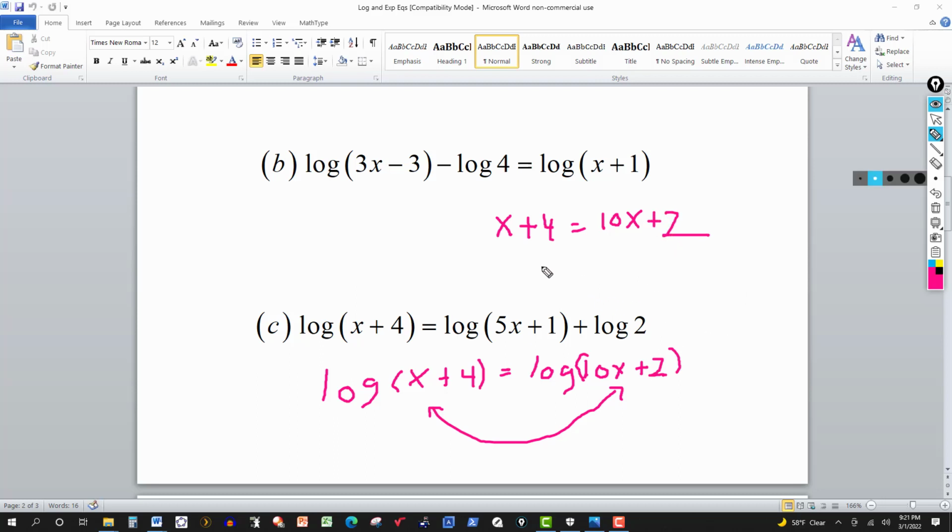And then we just isolate the x. Doesn't matter what side you put the x. I'm going to subtract x from both sides. That's going to cancel this x right here. And 1x from 10x is 9x.